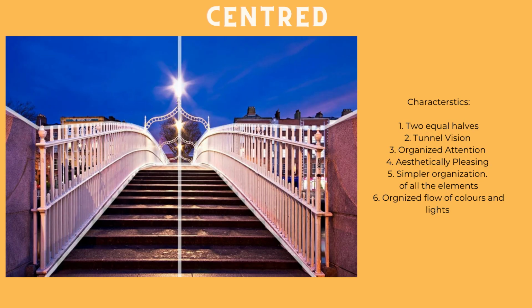But then the rule of thirds can also be employed by this powerful choice, which is centered composition, which is anchored in symmetry. So the rule of thirds is a great tool to also use to create more coherence through symmetry. Here we split the frame into two equal halves, creating a form of tunnel vision that commands organized attention.